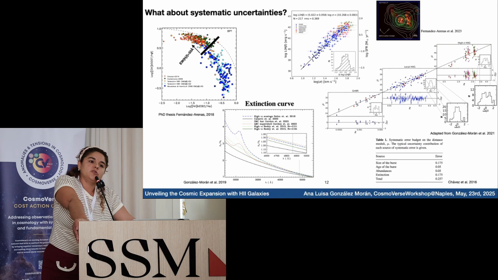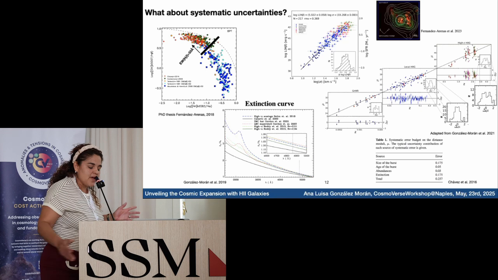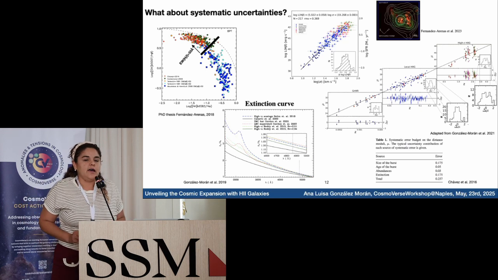At the beginning, we were using the Calzetti extinction curve, but then we realized that this curve is very far away from other extinction curves, for example the Gordon extinction curve, which is based on a giant extragalactic H2 region prototype, 30 Doradus in the LMC.